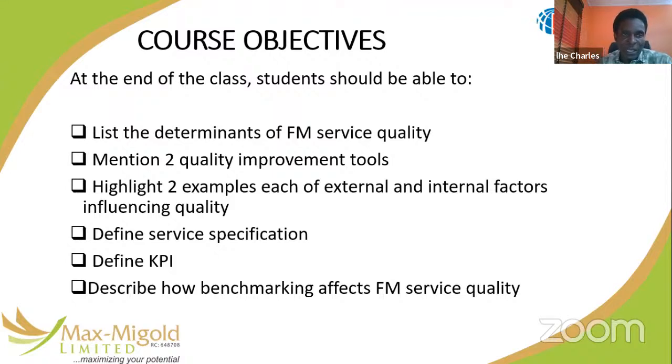Then we are going to highlight 2 examples each of external and internal factors that can influence our delivery. There are internal factors that can influence our quality of service. There are external factors that are out of our control that can also influence our quality of service.